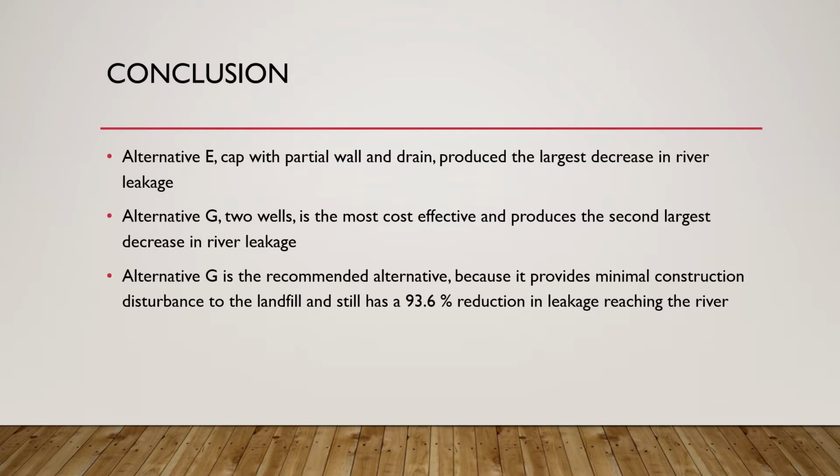Alternative G, the two wells, is the most cost-effective and produces the second largest decrease in river leakage. And also, alternative G is the recommended alternative because it provides minimal construction disturbance to the landfill and still has a 93.6% reduction in leakage reaching the river.